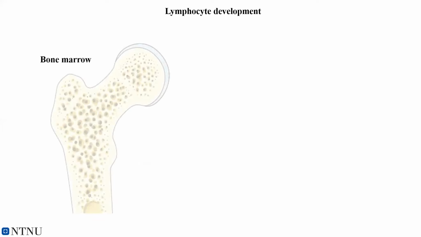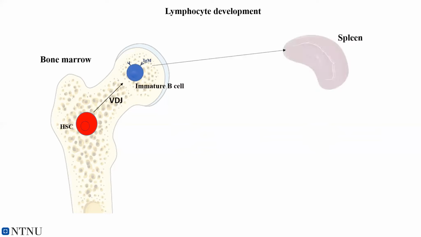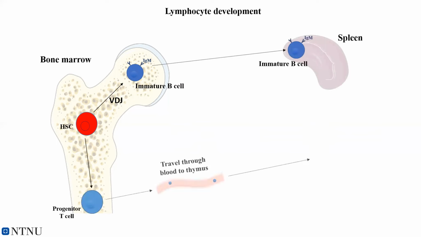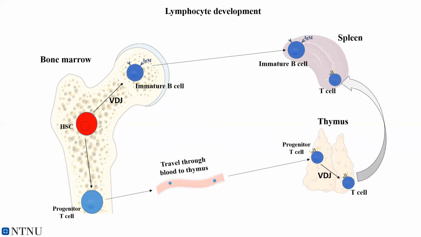When we look at lymphocyte development, we see that in bone marrow, hematopoietic stem cells produce immature B cells through the B cell development process, and then immature B cells migrate to the spleen and locate there. Meanwhile, hematopoietic stem cells produce progenitor T cells. They travel through blood to the thymus, and in the thymus, they produce T cells through the T cell development process. And then T cells migrate to the spleen as well.